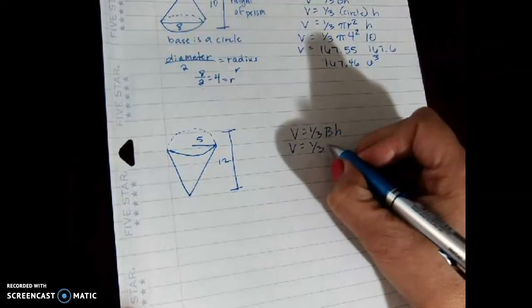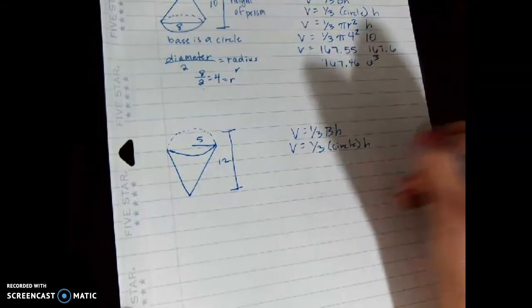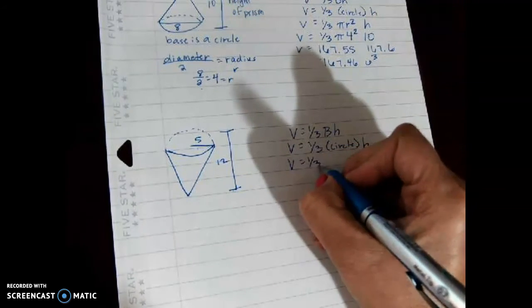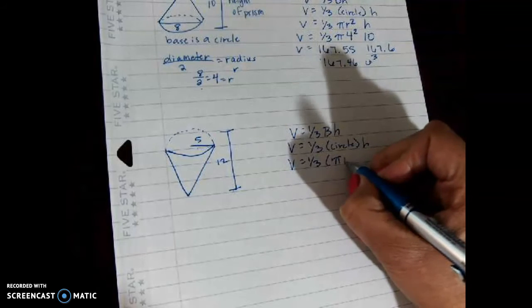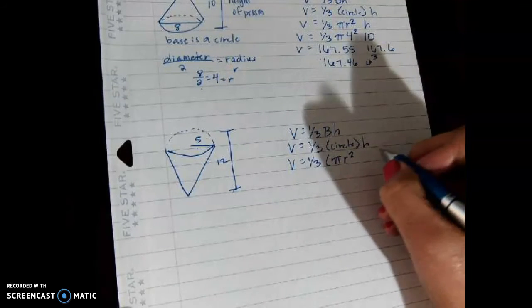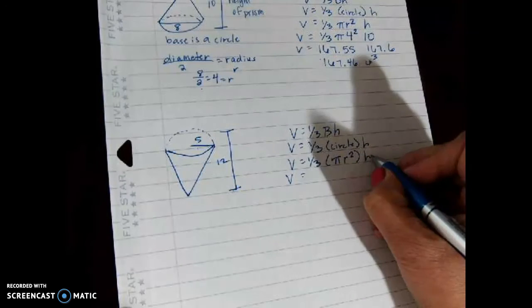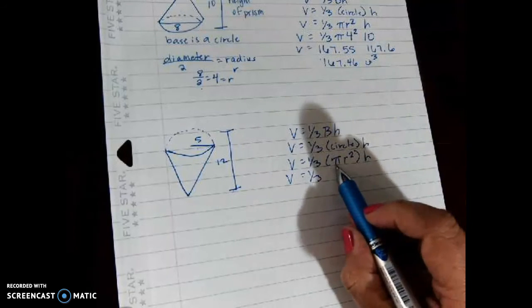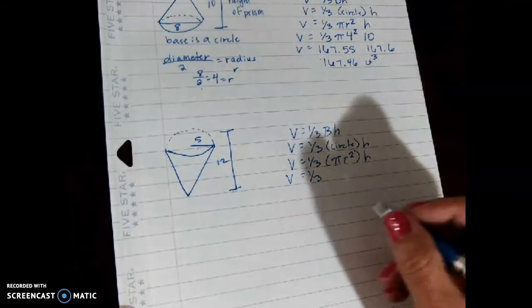V equals 1/3. The base is a circle, with the height. The 1/3 will stay. The formula for area of a circle is pi r squared times the height, and then 1/3. If you don't have the pi on your calculator, you can put 3.14.